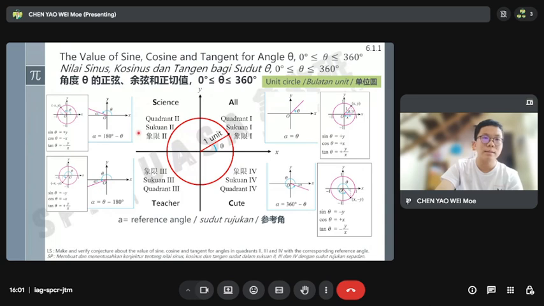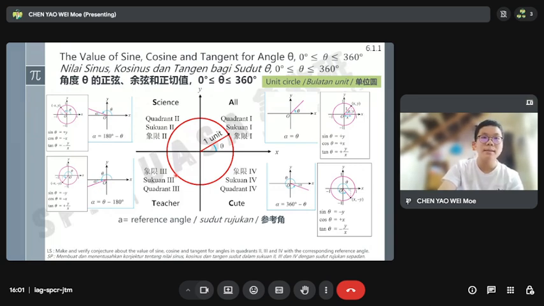Why? Because here our x value is negative, and the y value is still positive. Move to quadrant 3: only tangent is positive, because the x and y values are both negative.